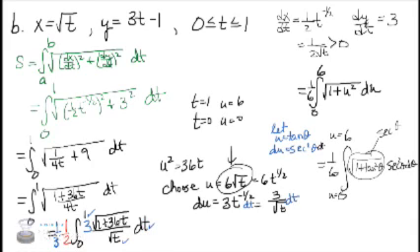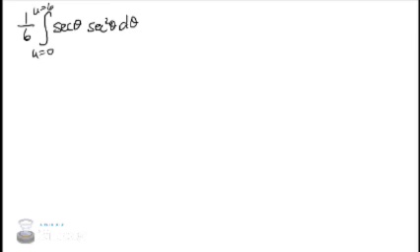So going to the next slide here, we have 1/6 the integral from u equals 0 to u equals 6 of secant theta times secant squared theta d theta.